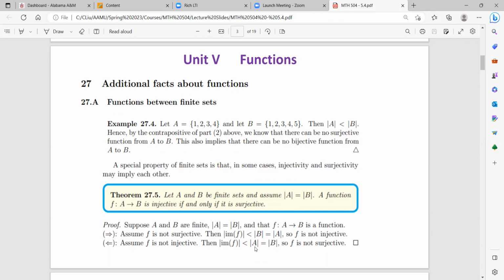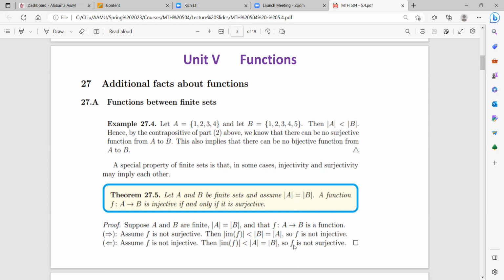Okay, but size A is the same as size B, so then we get that the image of F has a smaller size than size B, so F is not surjective. Okay, so then we get the conclusion that the number of elements in the image of F is less than the number of elements in B. So F is not surjective.